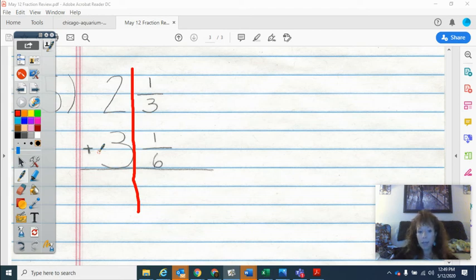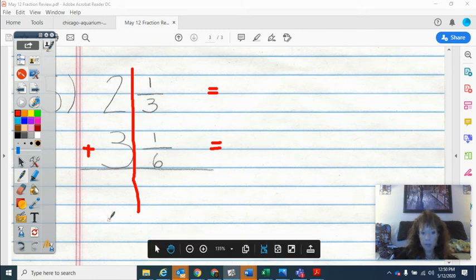Okay, but I can't do anything yet. I checked my sign. I've checked my denominators, and they are not the same. So, once again, I'm going to have to rewrite these fractions with a like denominator, same denominator.